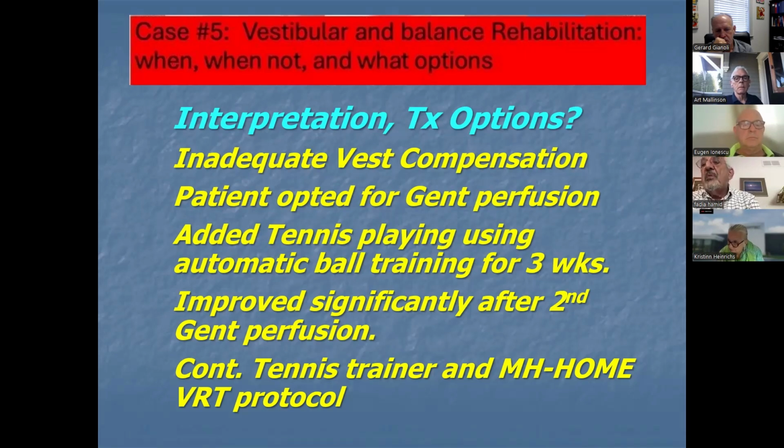And the patient opted, obviously, for a gentamicin perfusion. We asked him to play tennis using an automatic ball trainer for 3 weeks, improved significantly, had another injection, and continued to do very well after that.